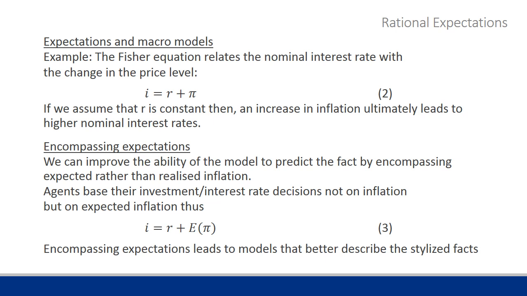We don't know what future inflation is, but we have an expectation of what future inflation is. So we can rewrite the Fisher equation: i is equal to r plus E of pi, the expectation of inflation, which is a better model, one that better describes the problem I've just given you an example of.